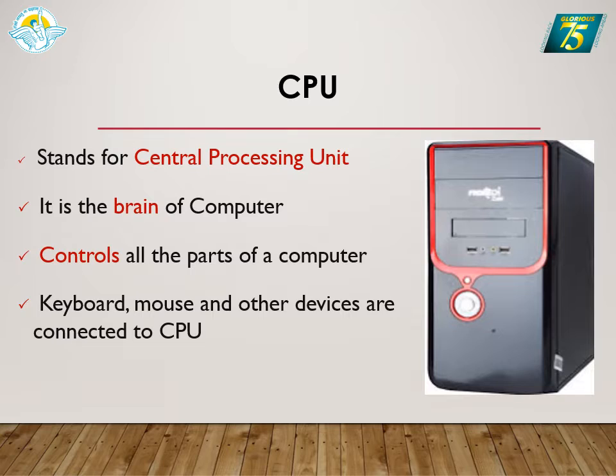The keyboard, mouse and other devices are all connected to the CPU. Therefore, it is a processing device. Processing means whatever instructions I give to the computer, the CPU understands those instructions and gives me the result. Therefore, it is called a processing device.